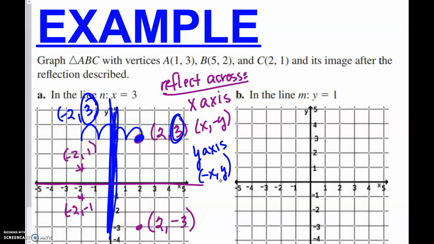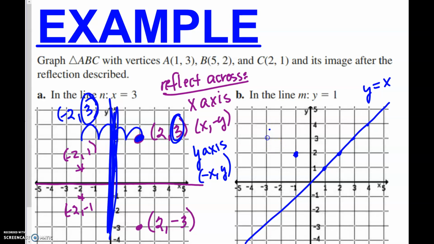Okay, another very common line that we go across is y equals x. Well, y equals x is this line that comes right here, right dead smack down the middle. So if we take a point over here, it doesn't really matter which point, let's just take that point right there.